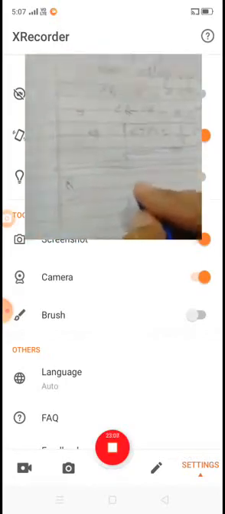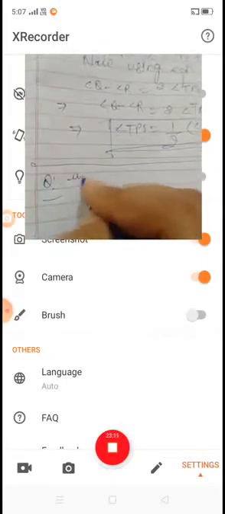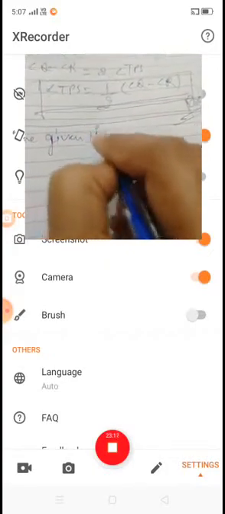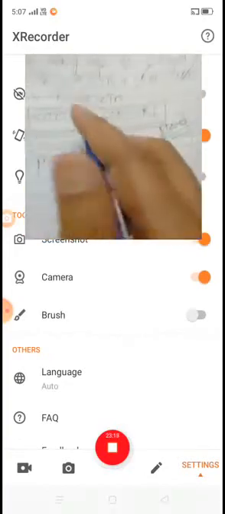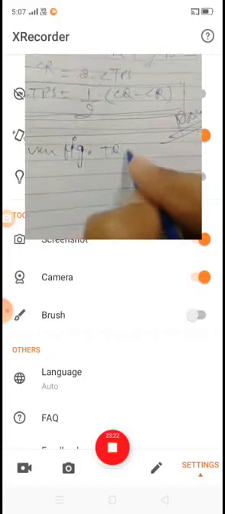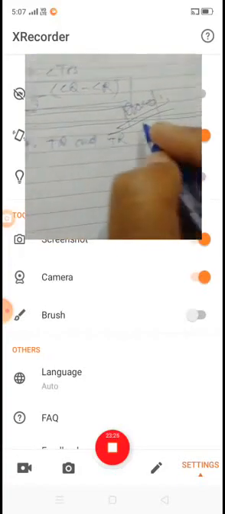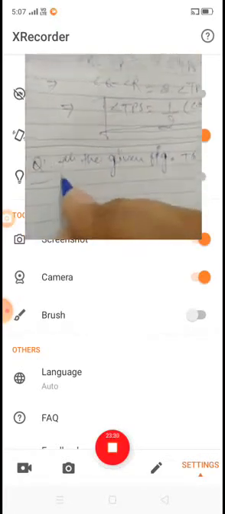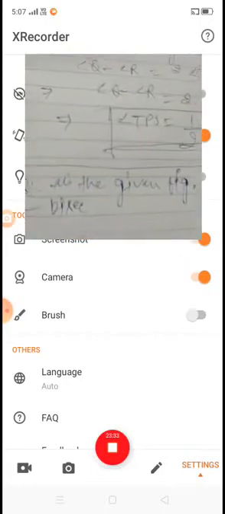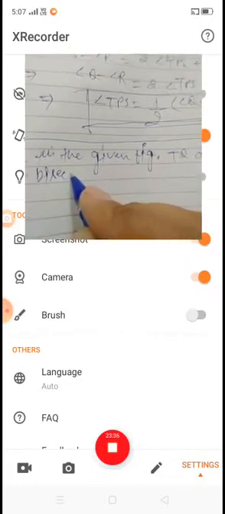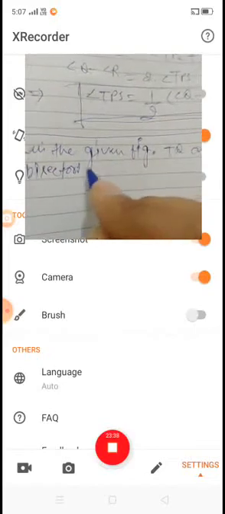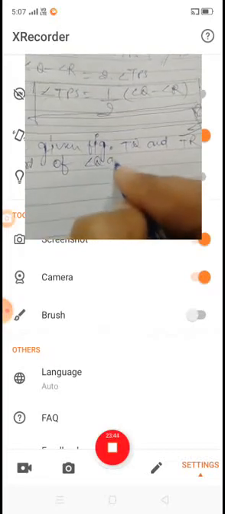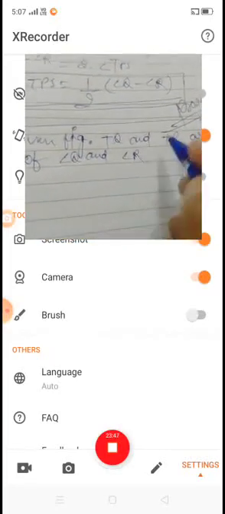Your question is: in the given figure, TQ and TR are the bisectors of angle Q and angle R respectively.